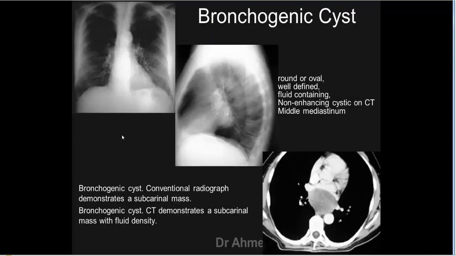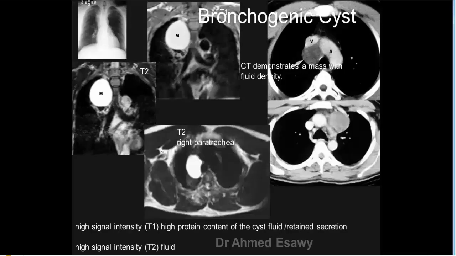Bronchogenic cyst: round or oval, well defined, mostly middle mediastinum, non-enhancing cystic lesion on CT. On conventional radiograph it demonstrates a subcarinal mass. On CT, a subcarinal mass in the middle mediastinum with fluid density, non-enhanced.